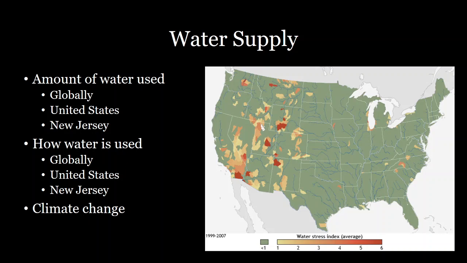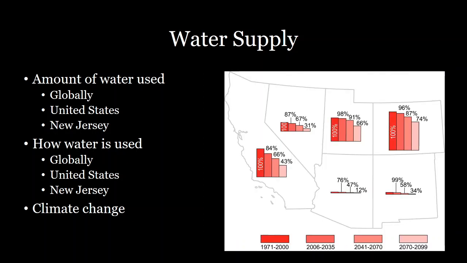So climate change is going to be impacting our water supply and causing more and more regions to be in water stress. You can see here that this is the total water stress for individual watersheds in the US currently, or at least in the past decade.